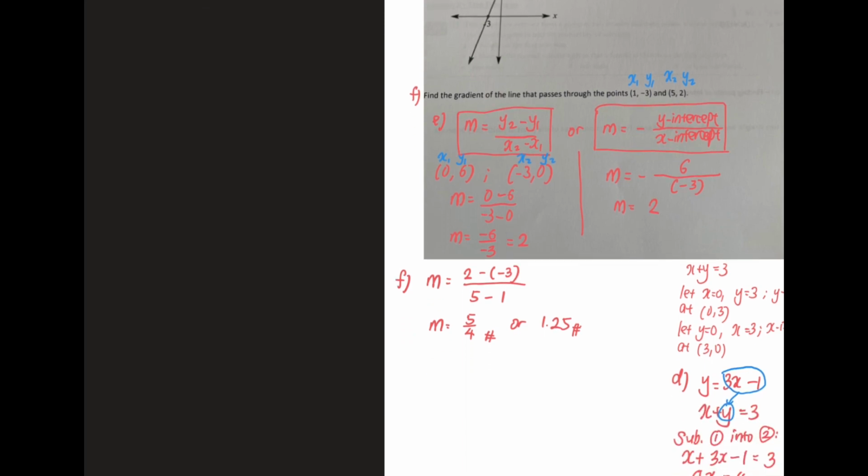So we count the gradient, we will get 5 over 4. This is the gradient. So of course you can put it as 1.25 if you want. That will be the same also. So we have settled this page.